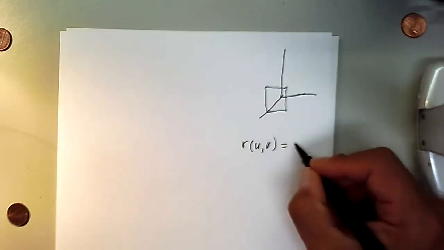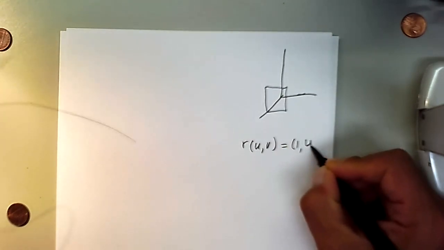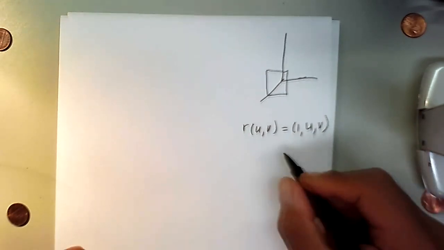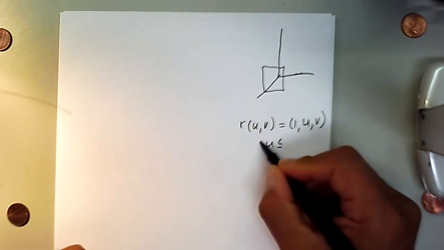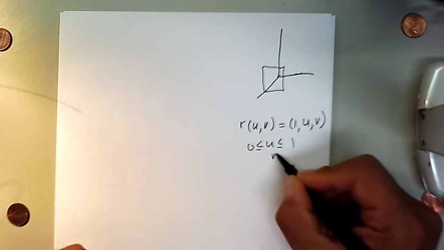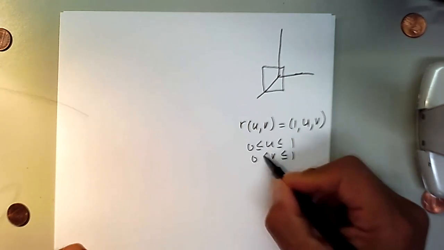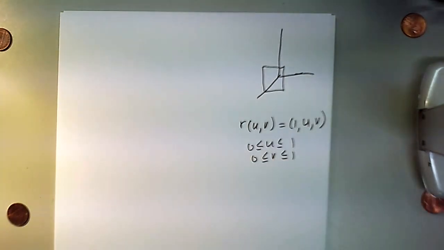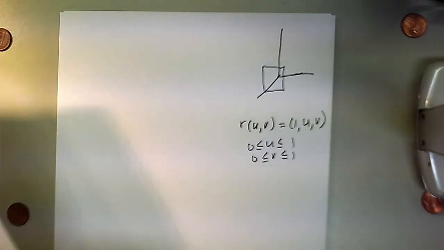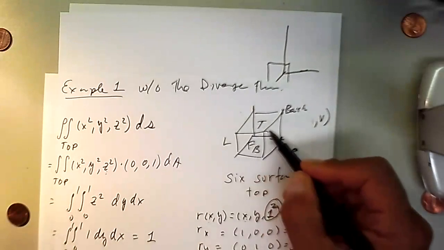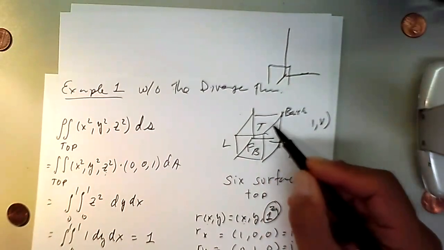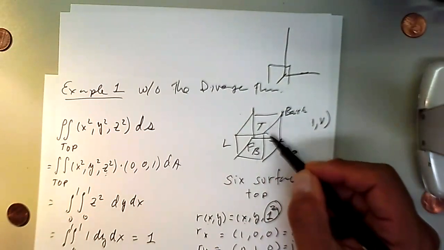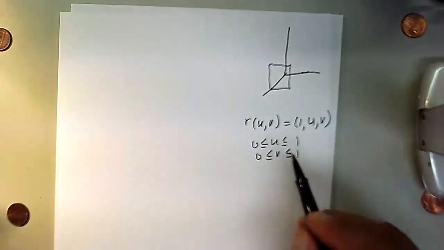So x is fixed at 1. And then we can just set u and v to be those two. So u goes from 0 to 1, and so does v. It's important to know. I took that for granted on the previous page, because we are right on top, and this is the unit cube here.